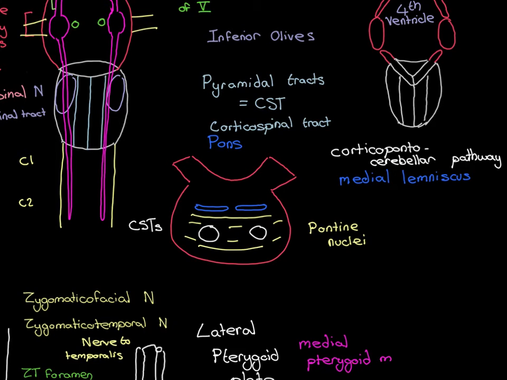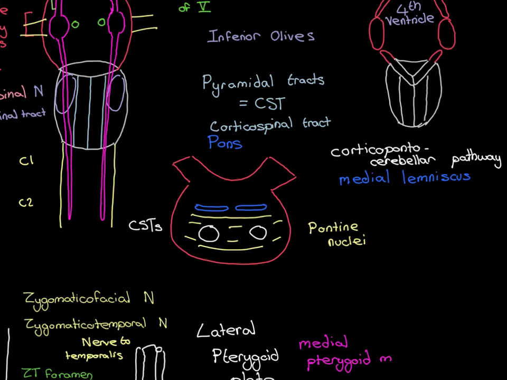Now, why has there been this crossover? Remember, I've already reminded you that with regards to the cerebral hemispheres, the left cerebral hemisphere controls the right side of the body, the right cerebral hemisphere controls the left side of the body. It's not the same for the cerebellum. The left side of the cerebellum controls the left side of the body, the right side of the cerebellum controls the right side of the body.